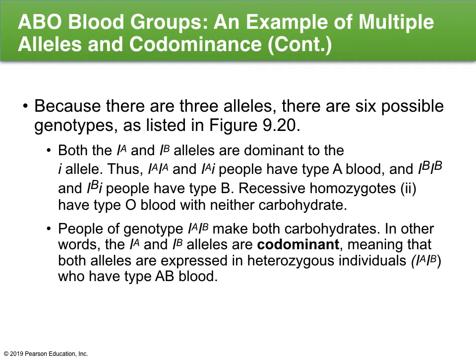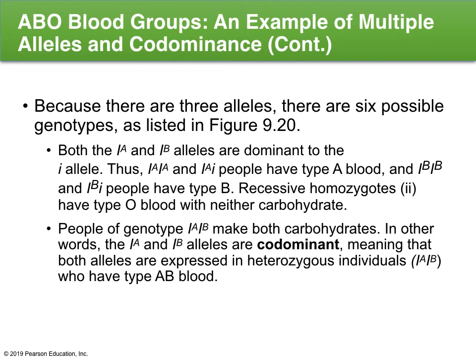So, both the I superscript A and the I superscript B alleles are dominant to the little i allele, right? So big I is dominant, little i is recessive. Big I comes in 2 flavors, big I superscript A and big I superscript B. So a person who has 2 copies of A, or 1 copy of A and 1 copy of little i, so heterozygous, has type A blood because you see that dominant.